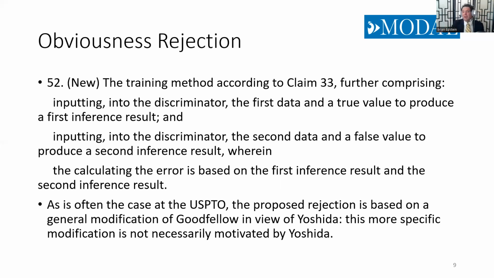I don't know if this claim is allowable, of course, but it defines more of the structure of our system than is currently in the claims, and more structure than would be disclosed by combining Goodfellow and Yoshida, as I proposed on the previous slides.